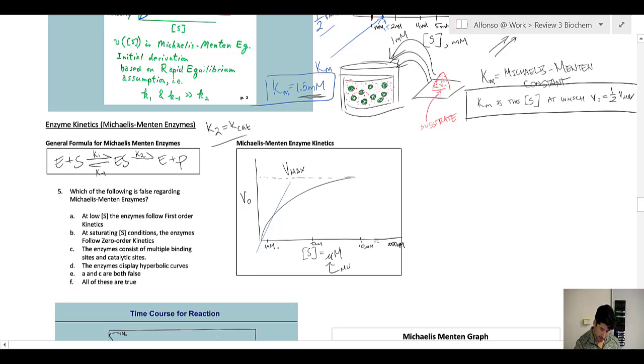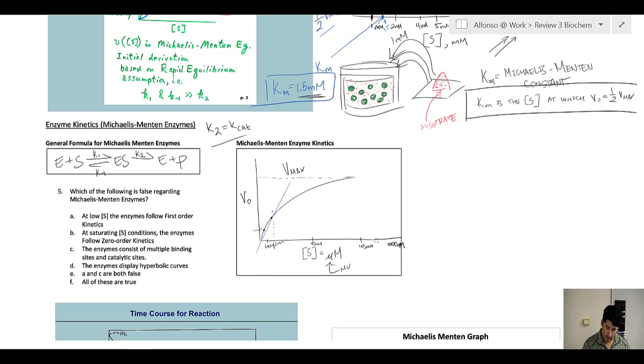Okay, so look at this. When I'm at 1 micromolar, this is my velocity. When I'm at 2 micromolar, what happened to my velocity? Did it increase? Yes, it increased. So that's first order kinetics. As you increase the substrate concentration, so does the velocity increase.